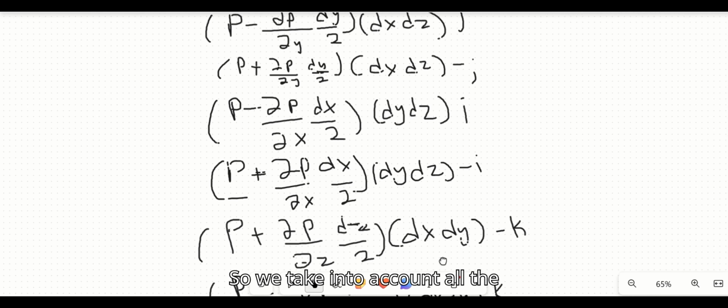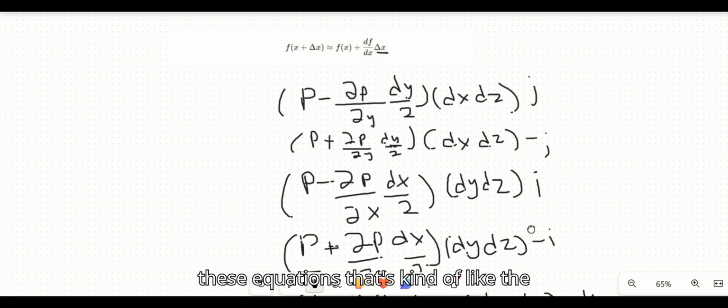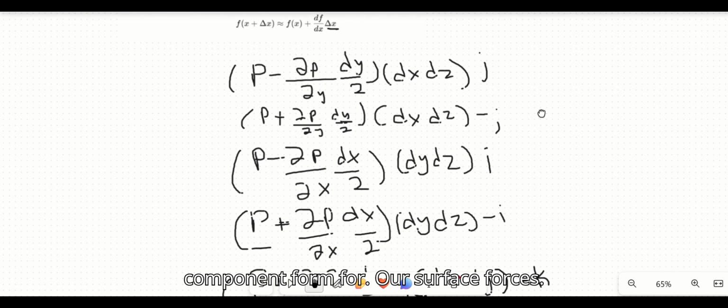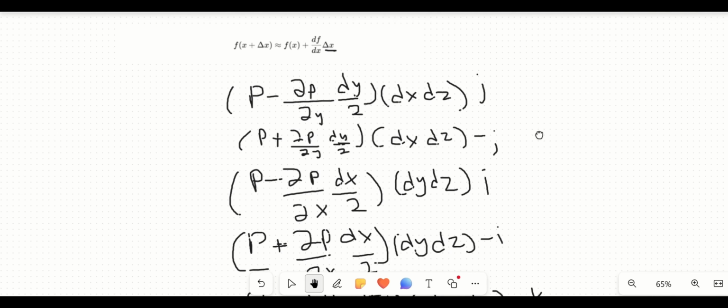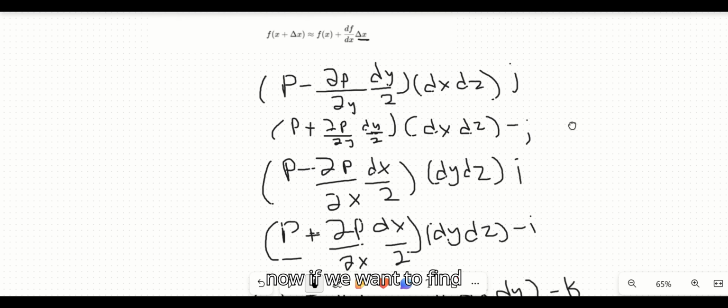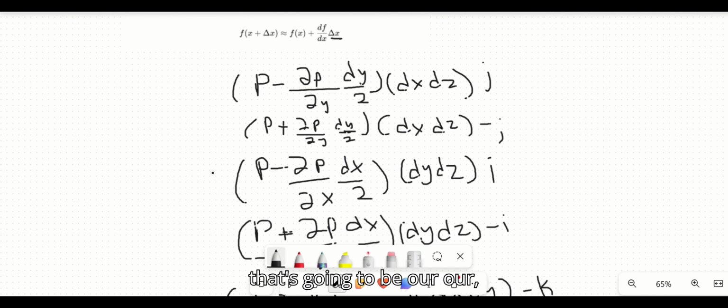So if we take into account all the directions, we're going to have these equations. That's kind of like the component form for our surface forces, our surface force, which is just pressure. So now, if we want to find the total, all we need to do is add these together, and that's going to be the sum of our surface forces.